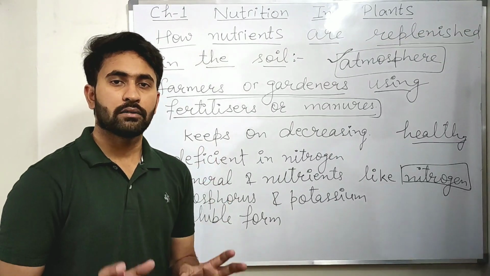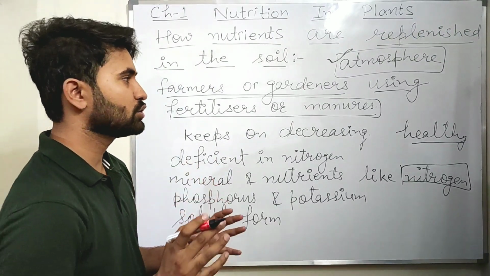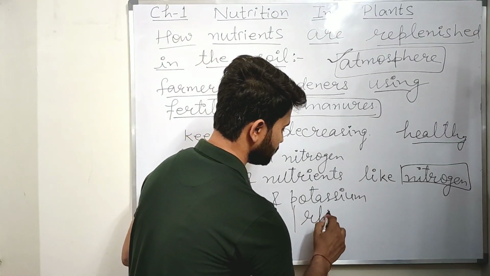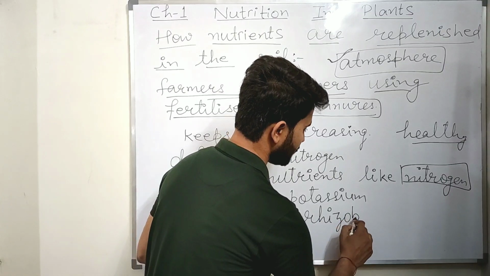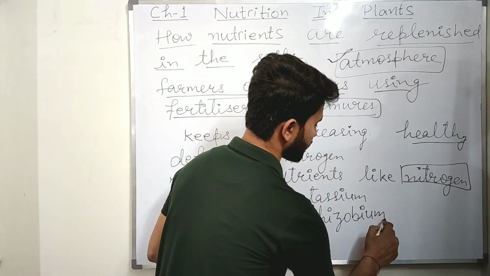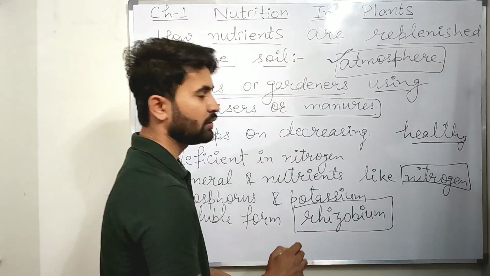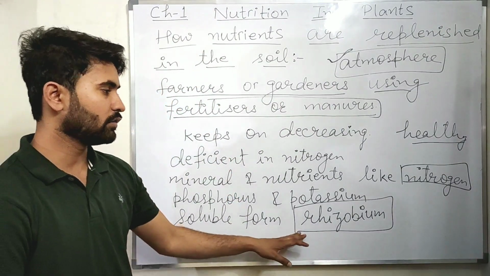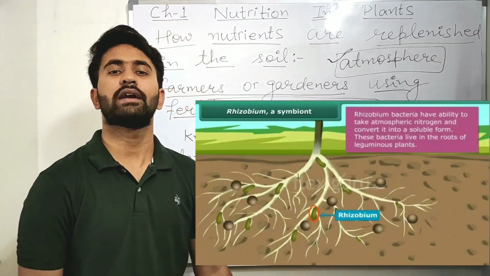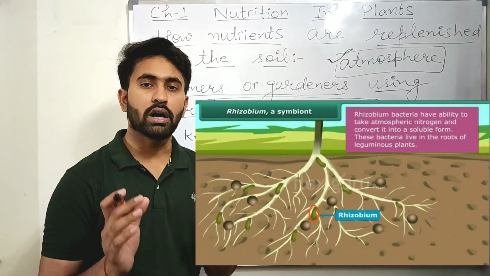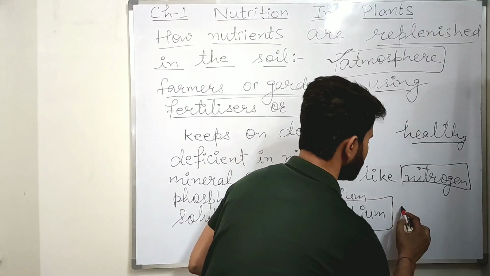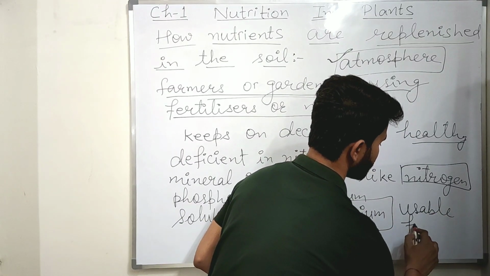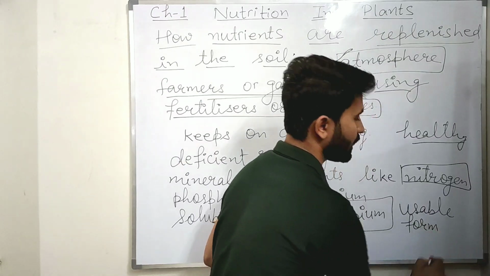So the bacteria called rhizobium converts atmospheric nitrogen gas into a usable form, which means a form that can be absorbed by plants.